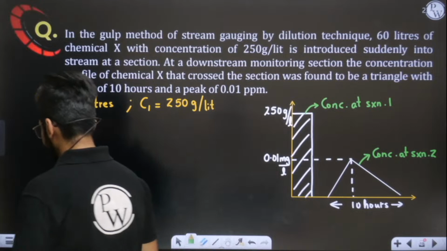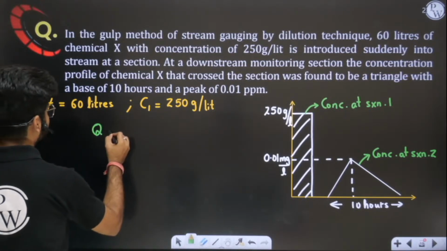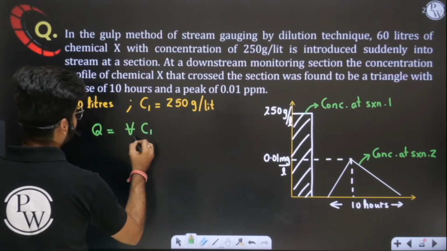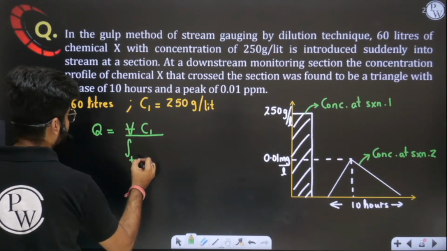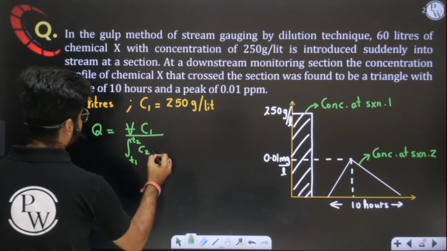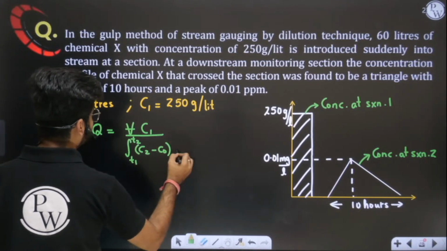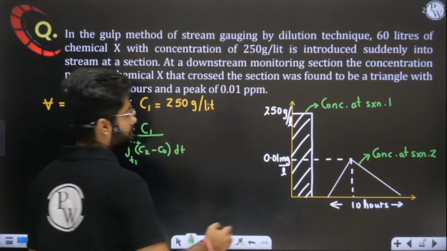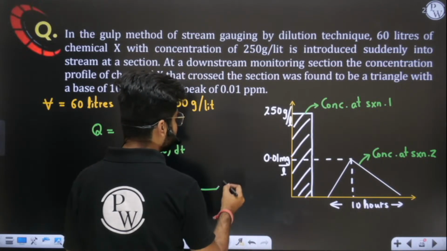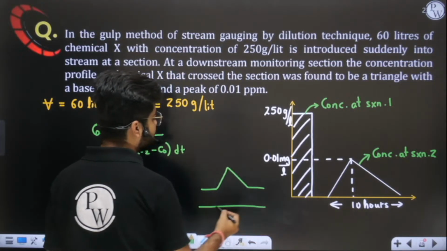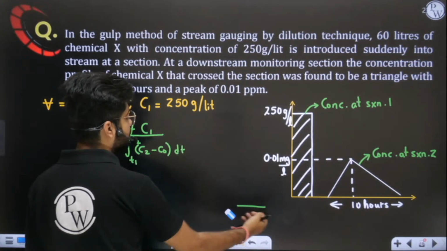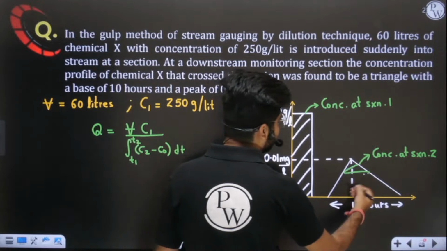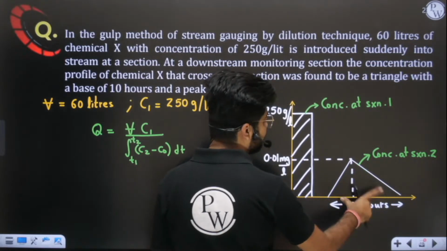Now if I want to find the discharge, the formula is volume into C1 upon the area of this triangle, which is integral of (C2 minus C0) dt. Okay, let us say if C0 was there, then this triangle would have been like that. Then you would have found this area only. But since it is 0 initially, you have to simply find this area. So this area will be half base into height.